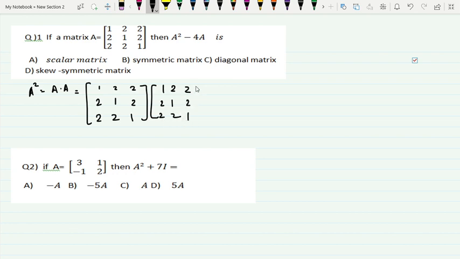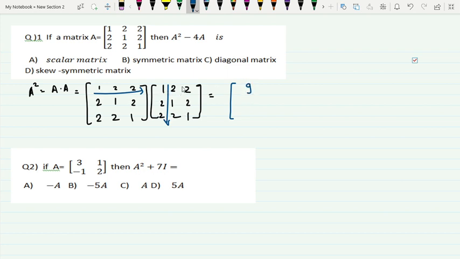So multiply these matrices. This multiplication is first row into column. What will it give? First row into column 1: 1 plus 4 plus 4, that is 4 plus 4 is 8, plus 1 is 9.